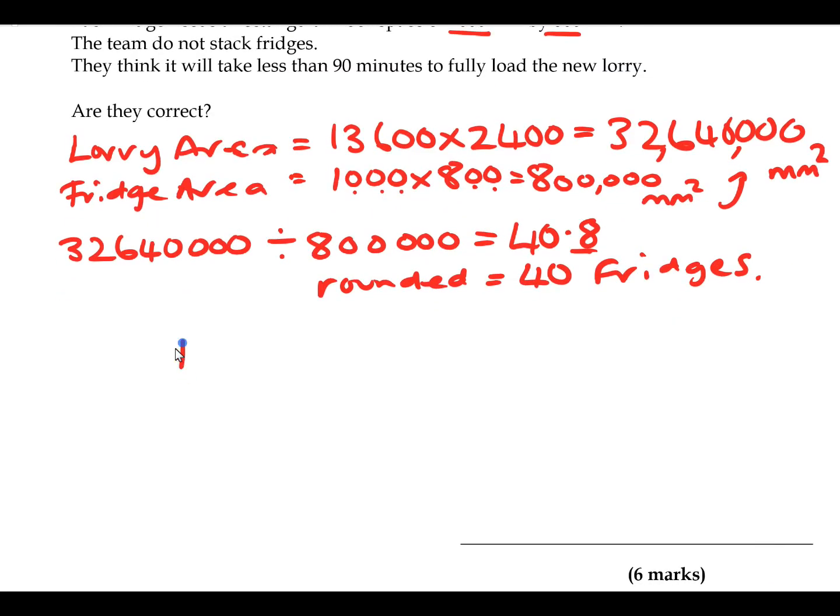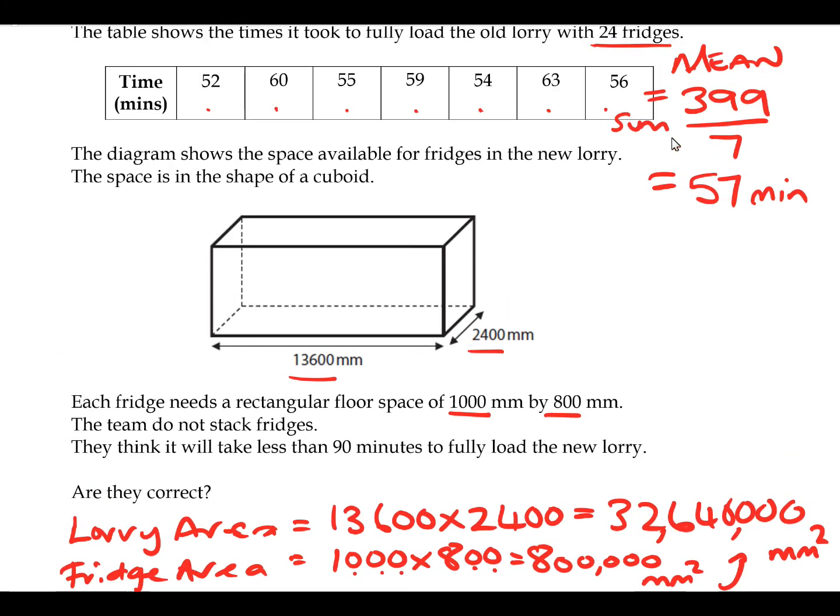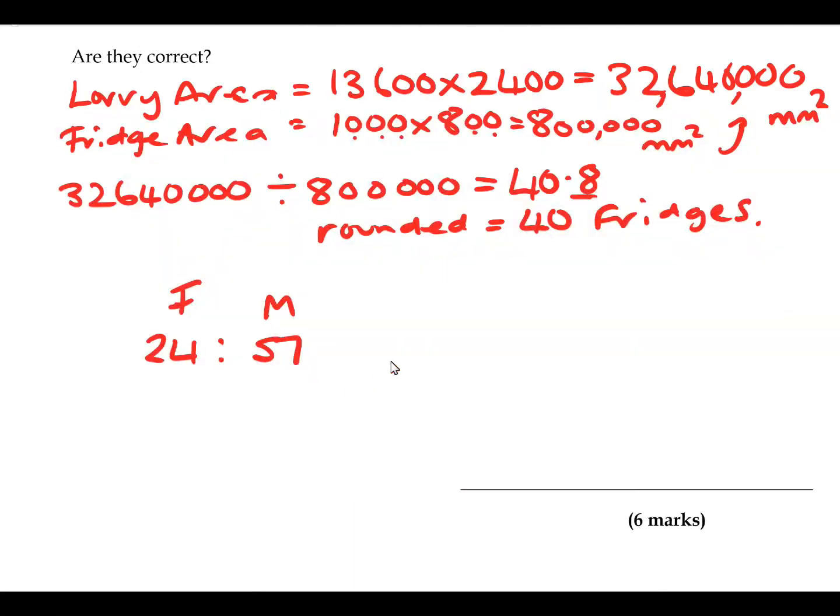So from above, we know there's a relationship of 24 fridges that take 57 minutes to load. So that information at the top here told us that 24 fridges here takes on average 57 minutes. Now, using our ratio method, I know I've got to load 40 fridges.